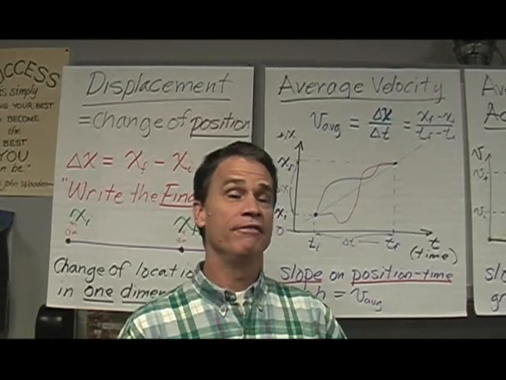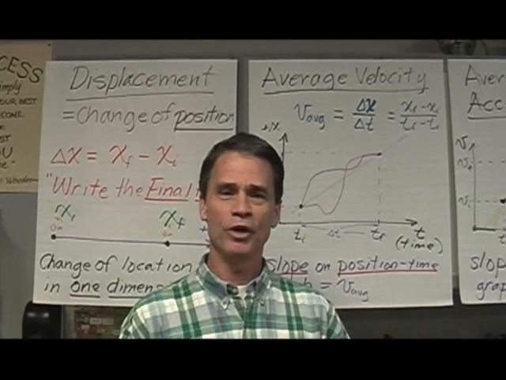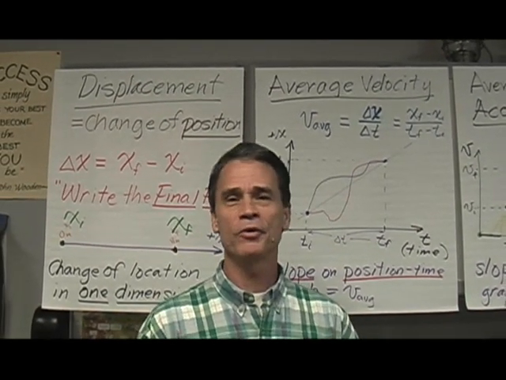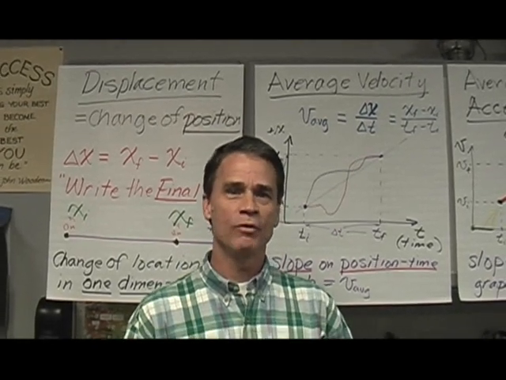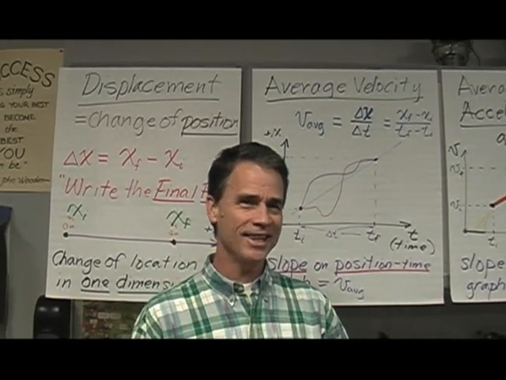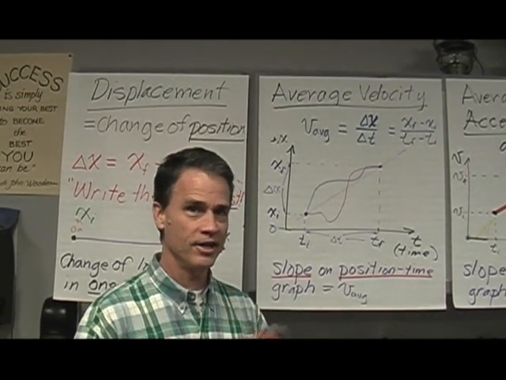Quick review, very brief, of what we've already seen about motion in one dimension, and then a preview of what we're going to do in Unit 1B, where we're talking about a new concept. We've discussed it a little bit, but we're going to focus on that fifth concept.